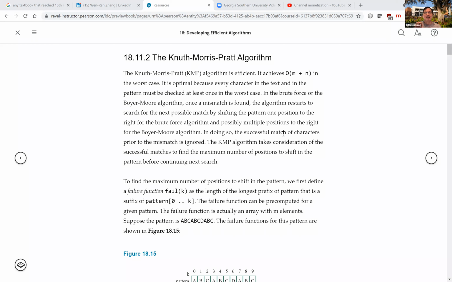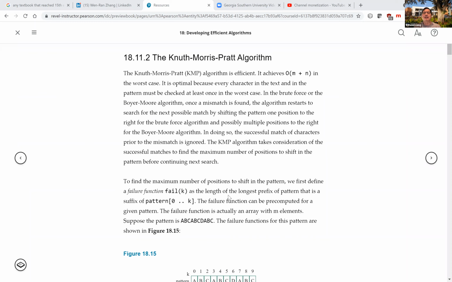This new algorithm will consider all the successful match information to determine how you're going to shift the alignment in the next match. For this, we're going to introduce the failure function. The failure function gives the maximum number of positions to shift in the pattern.